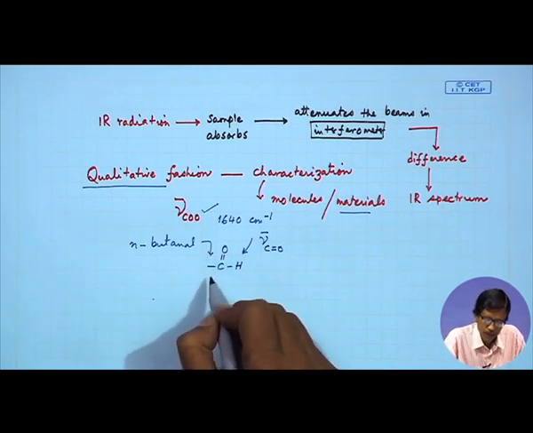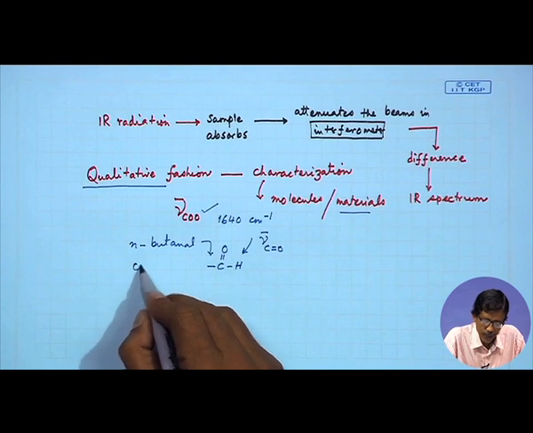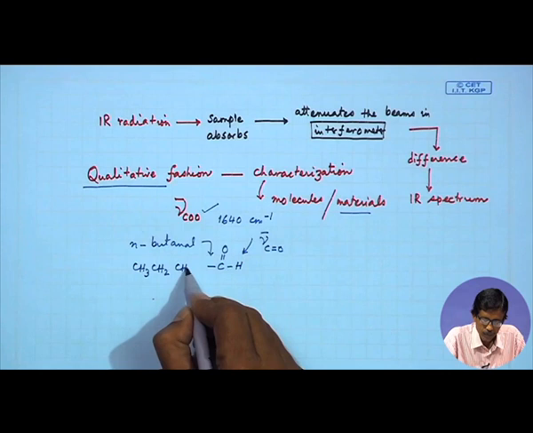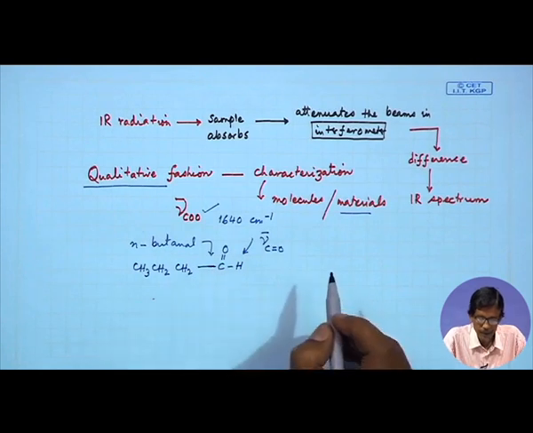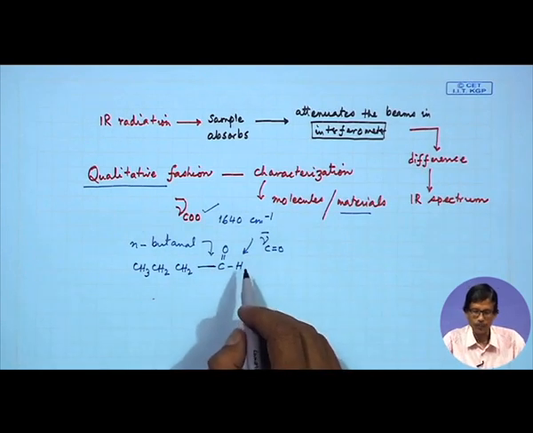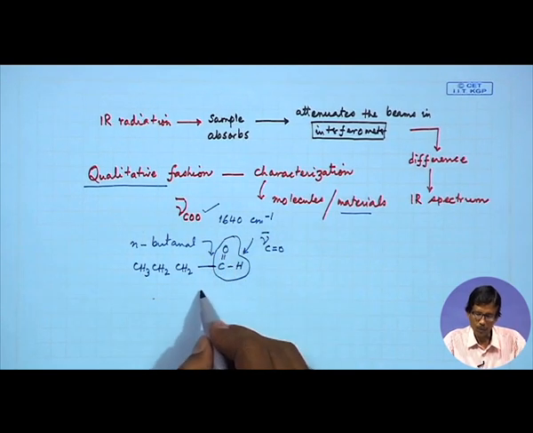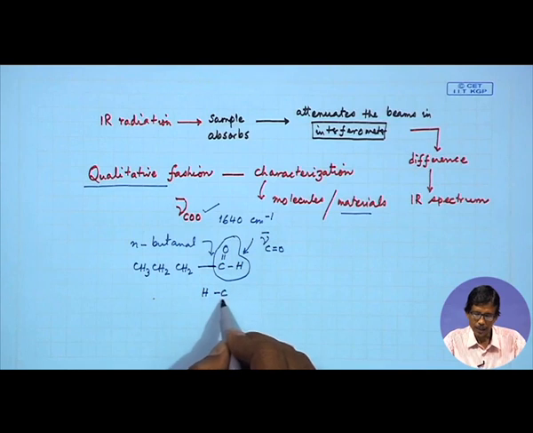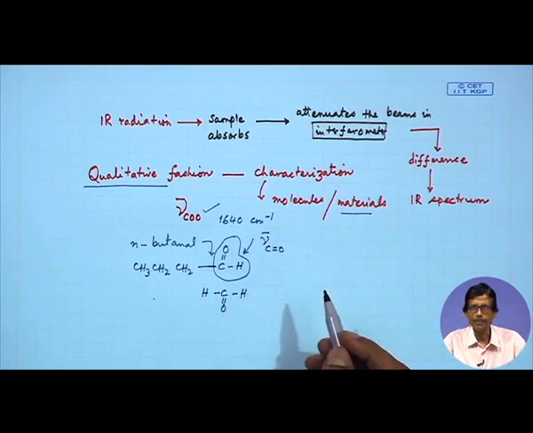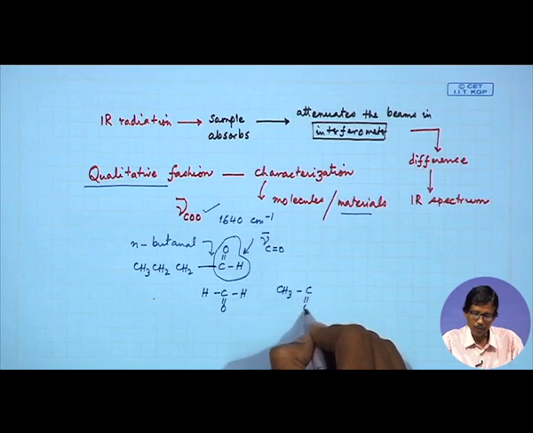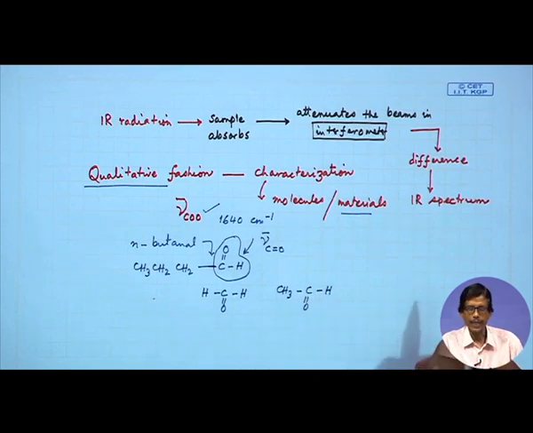And this particular one, when it is attached to several other groups like CH3, CH2 and CHO, is also present in your formaldehyde HCHO or in the CH3 function which is your acetaldehyde.